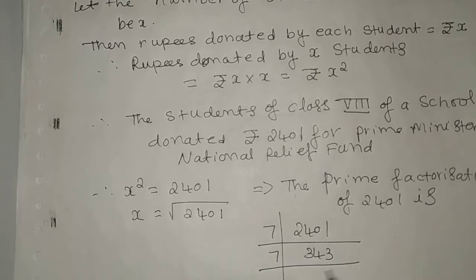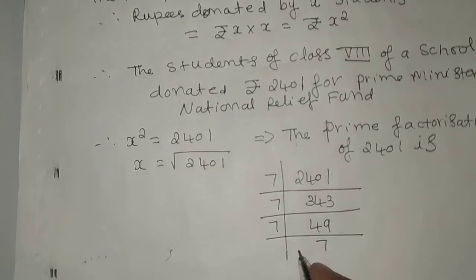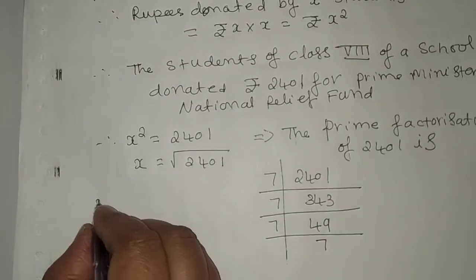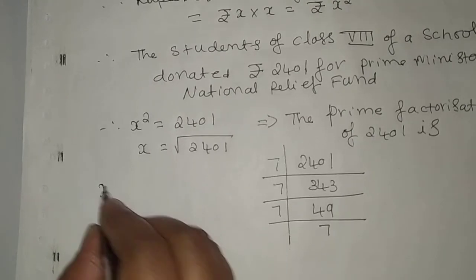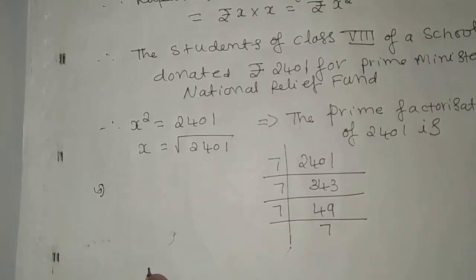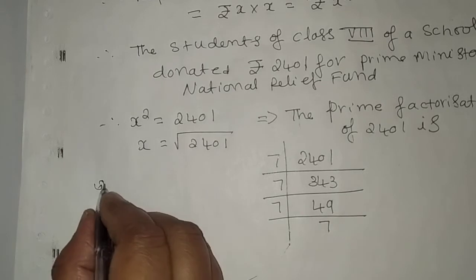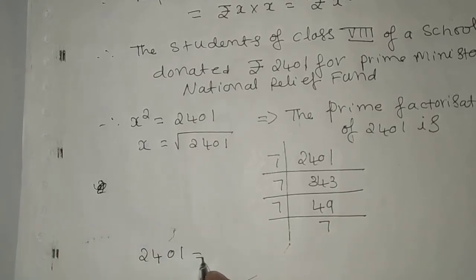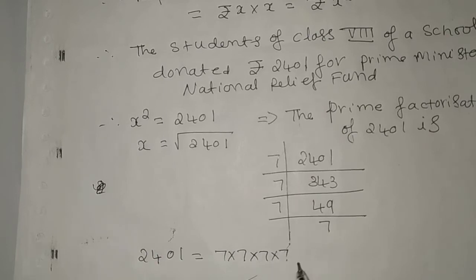Then this one goes by 7 again. 49, 7 into 49. Again 7 into 7, 7. Thus we have next step. We'll write down here 2401 is equal to 7 into 7 into 7 into 7.